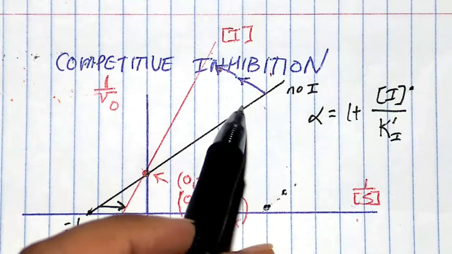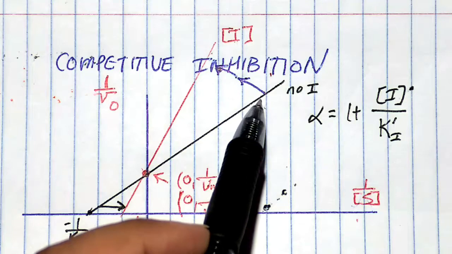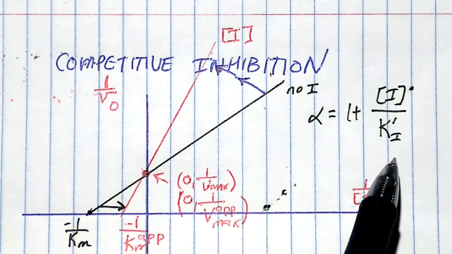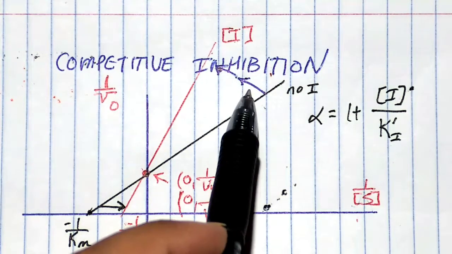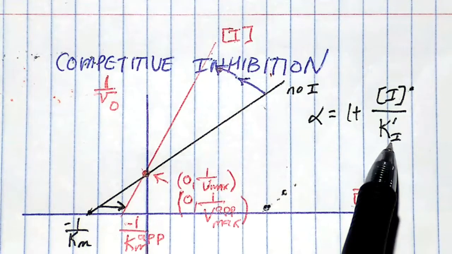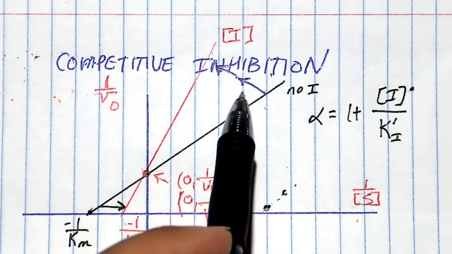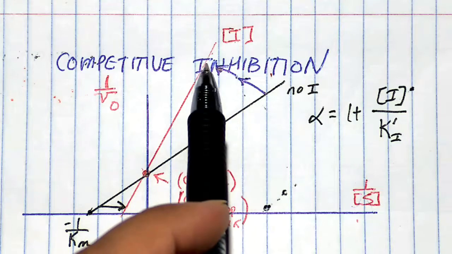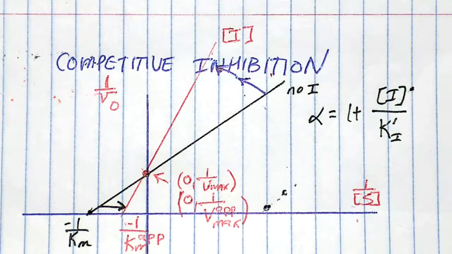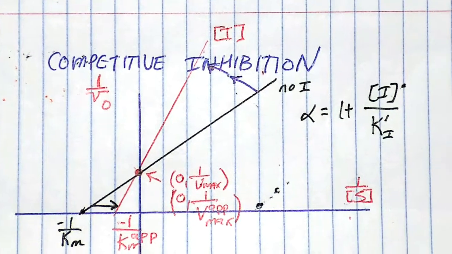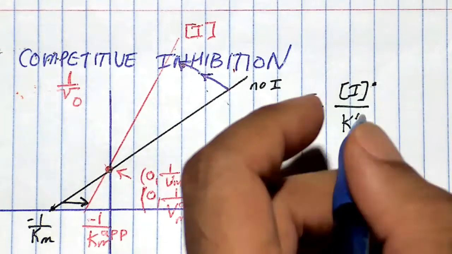So the dissociation constant Ki prime gives you the amount. A very low value of the dissociation constant means that you have more enzyme in the form of EI. So a low dissociation constant means that you're kind of stuck at the enzyme inhibitor complex.